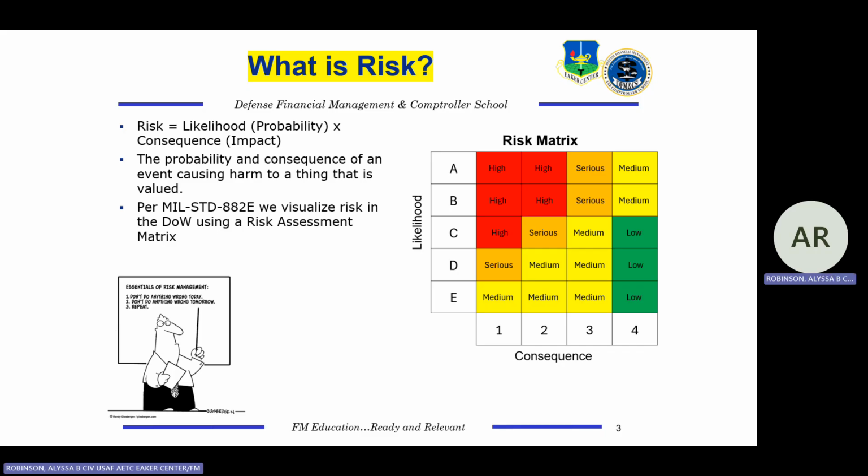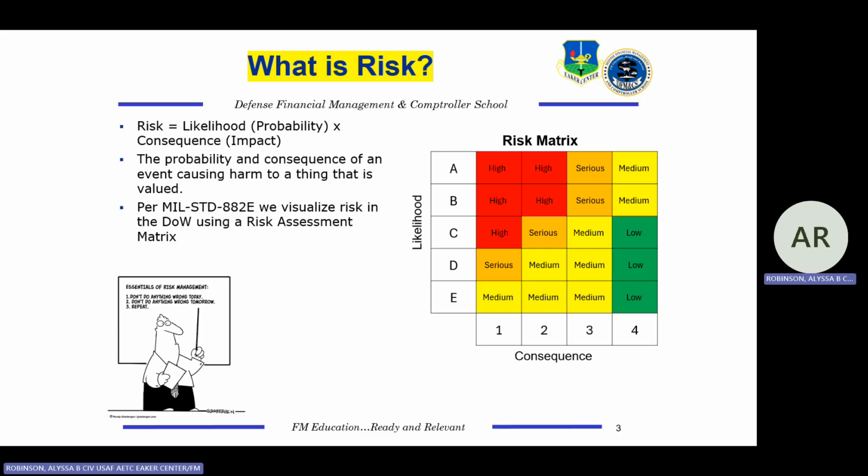In the Department of War, we use a formalized framework. Specifically, we use Military Standard 882E, the standard practice for system safety, and it lays out how we do risk. That said, the risk assessment matrix that we will use here is for the purposes of this course, but we are given latitude.